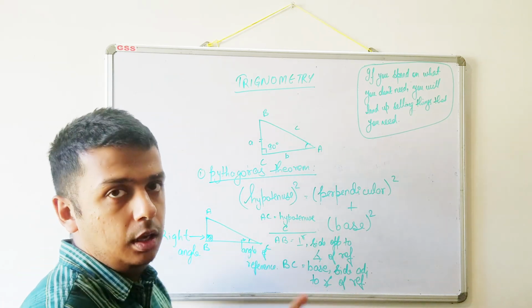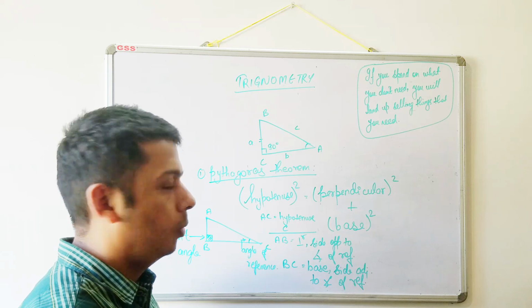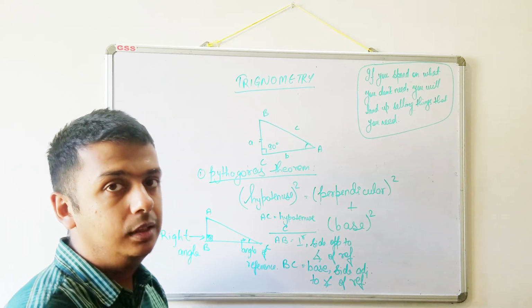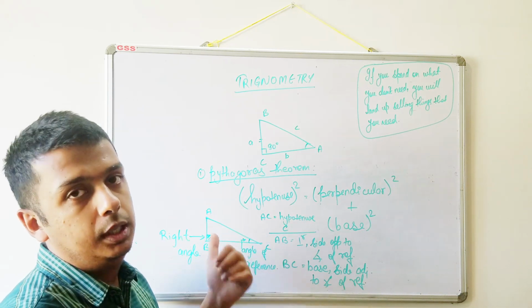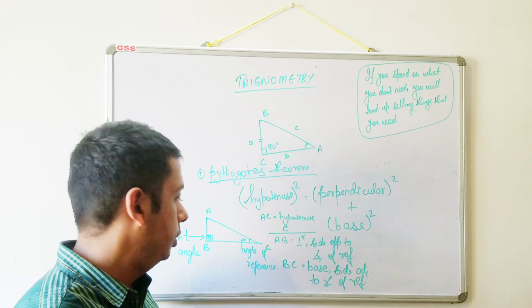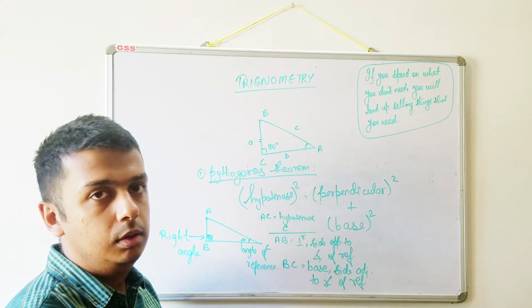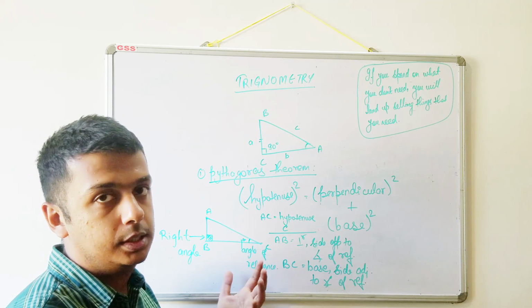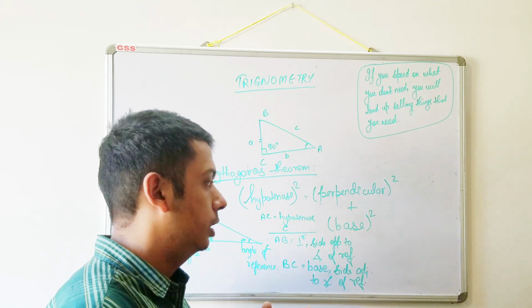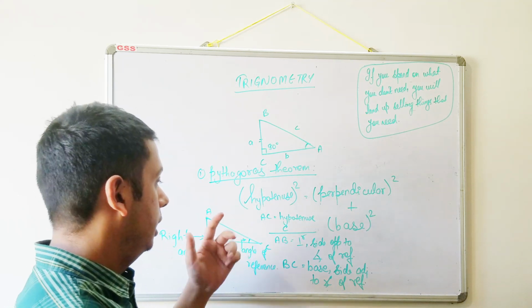Now, for a moment, I want you to pause the video and think, if A would be the angle of reference, what would be the perpendicular and the base? I hope you thought about it.